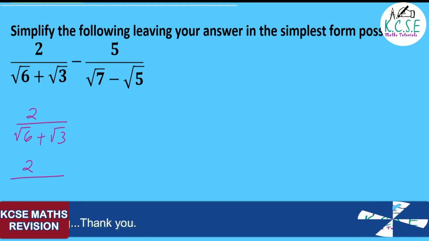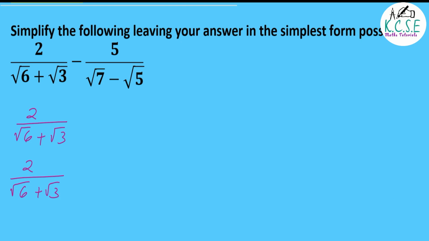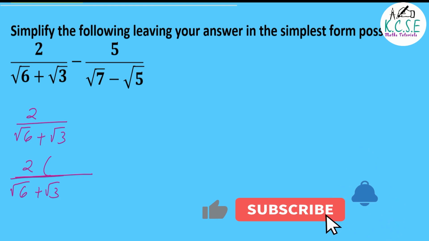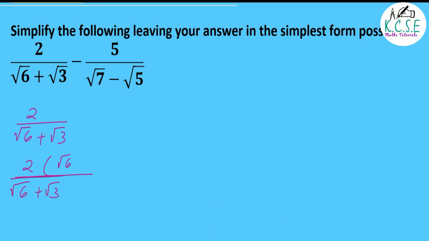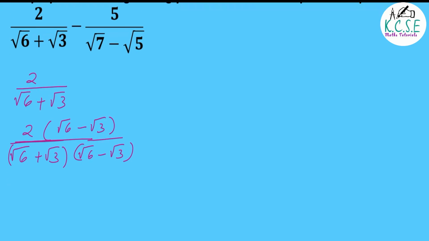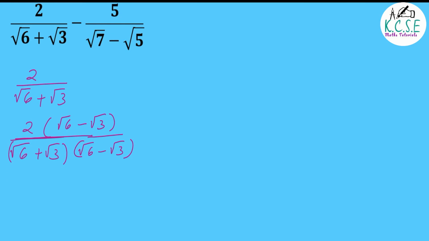That will be 2 divided by root 6 plus root 3, multiplied by the conjugate, root 6 minus root 3, over root 6 minus root 3. So we go to the numerator. Working out the numerator, we get 2 root 6 minus 2 root 3.